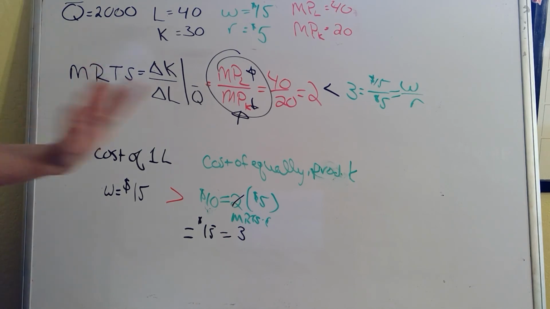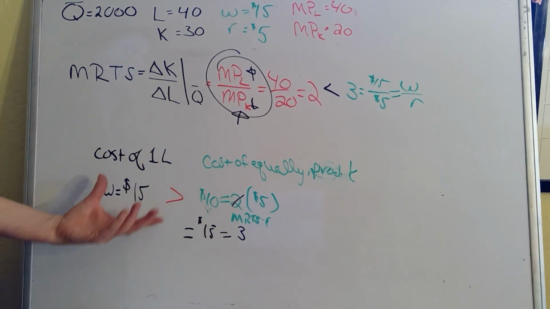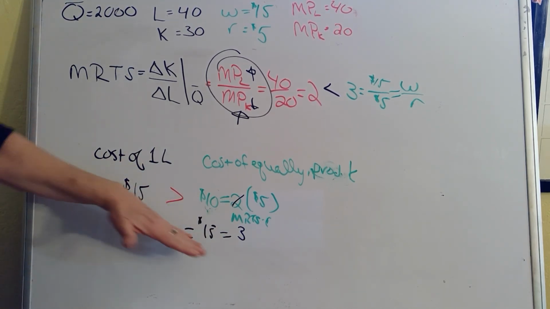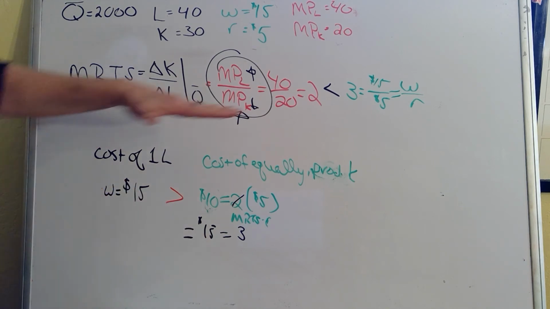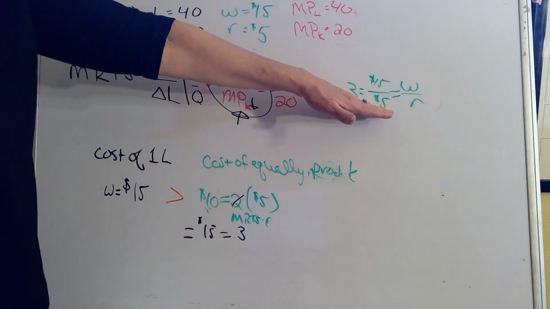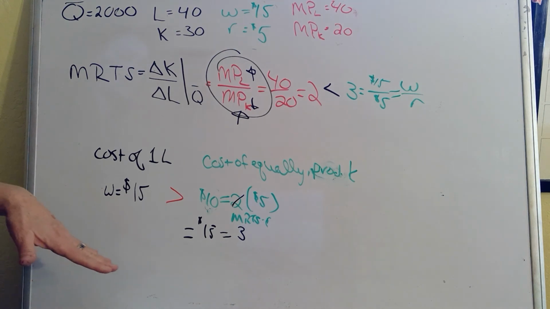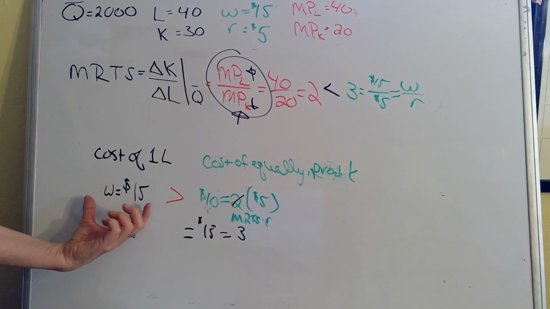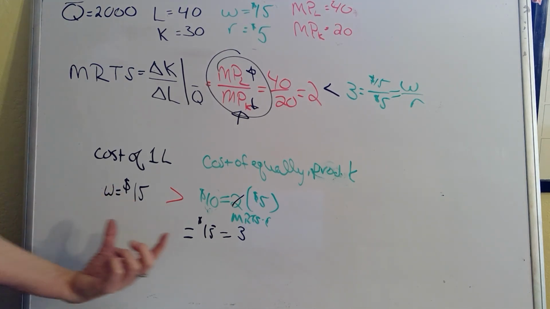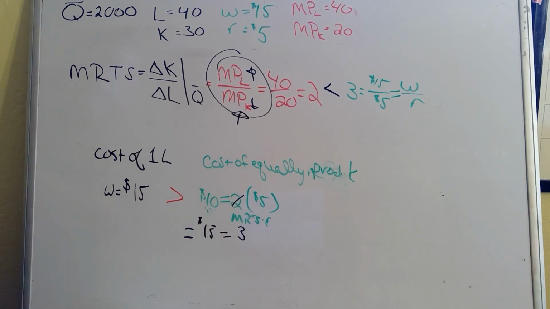where a labor is as productive as 3 units of capital, and those 3 units of capital are now going to cost me $15, and now there's no cost savings. When these things are equal, when labor is just as productive relative to capital as it is expensive relative to capital, or said another way, the cost of 1 unit of labor is exactly the same as the cost of an equally productive amount of capital, then there's nothing to be gained from altering your input combination.